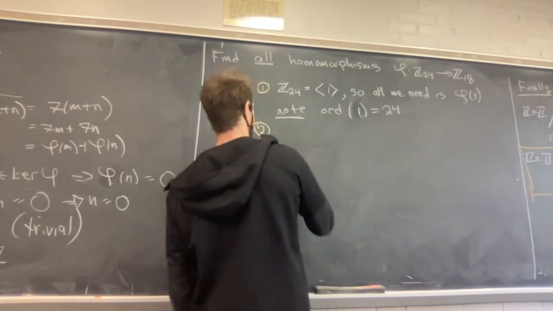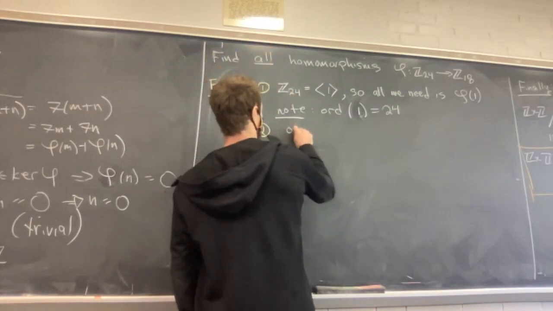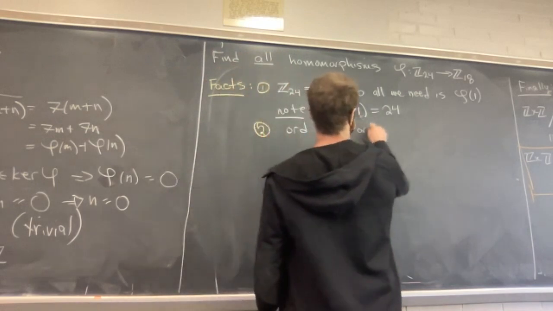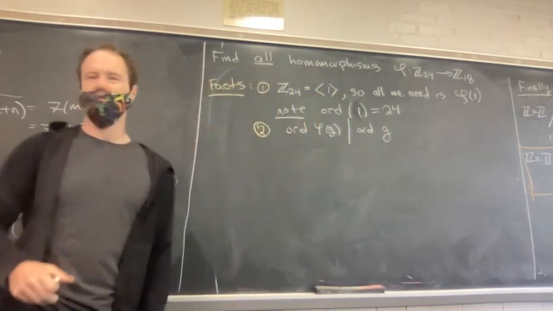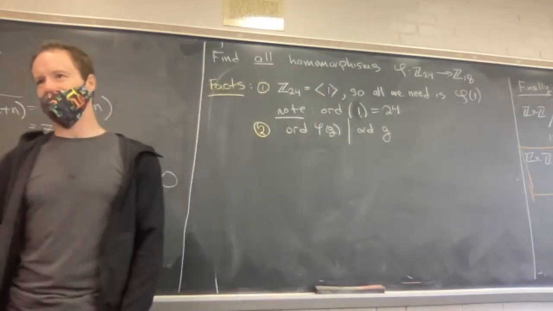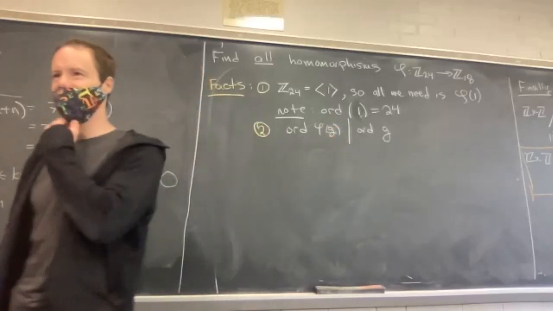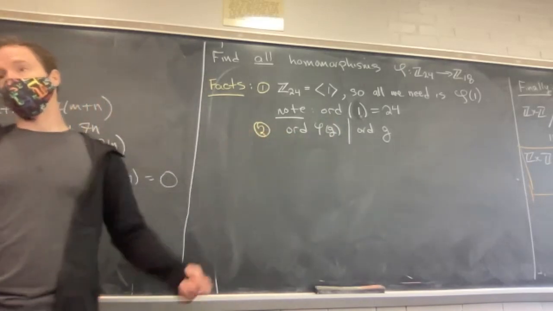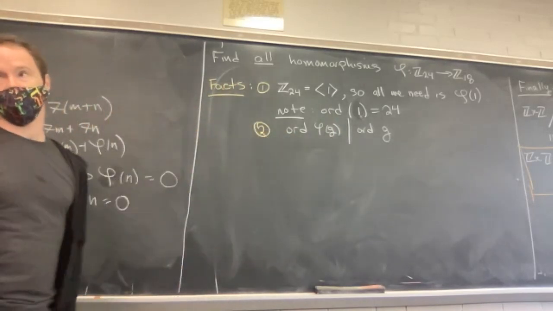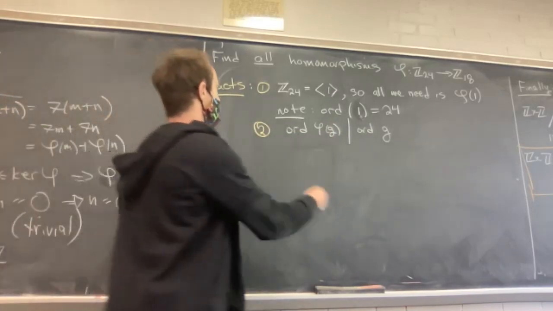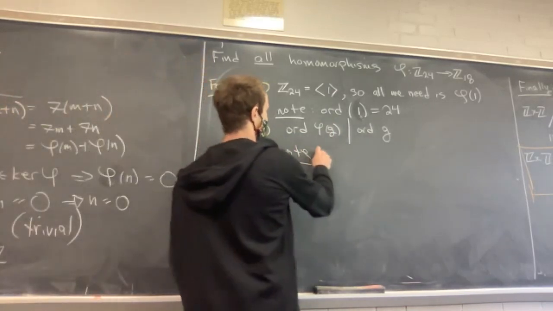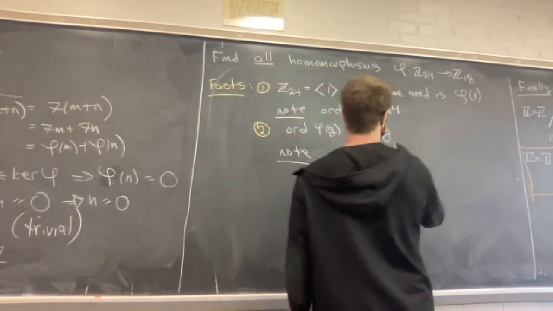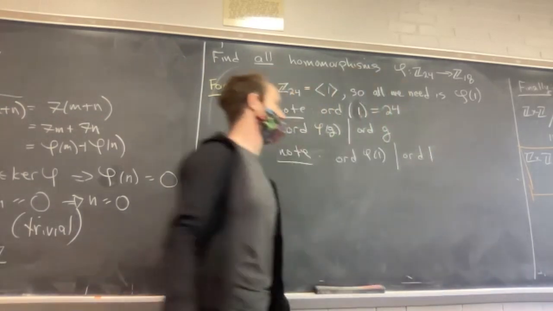And that is that the order of phi of g must divide the order of g. Previously we used absolute values for this, but I think it's a little messier when you've got this division symbol and stuff. That was proven in one of the videos, and we used it for that contradiction a second ago. But in terms of our setup, that means that the order of phi of 1 must divide the order of 1.